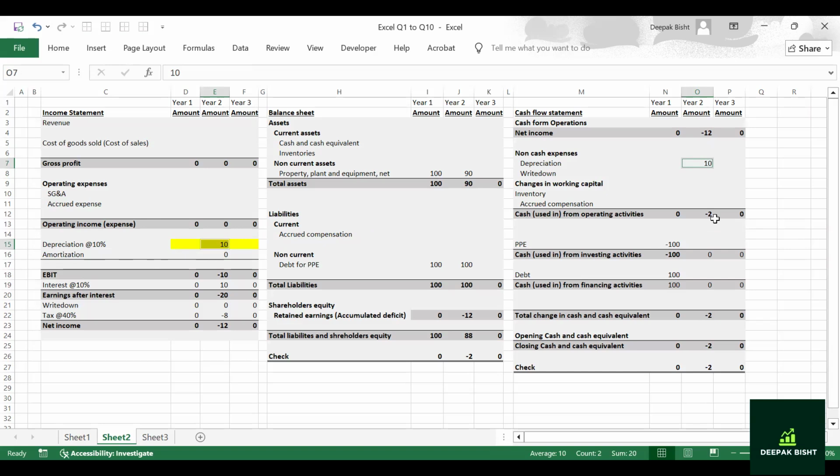The cash was down by $2. We have to link the change in cash here. And this way, our balance sheet is balanced now.